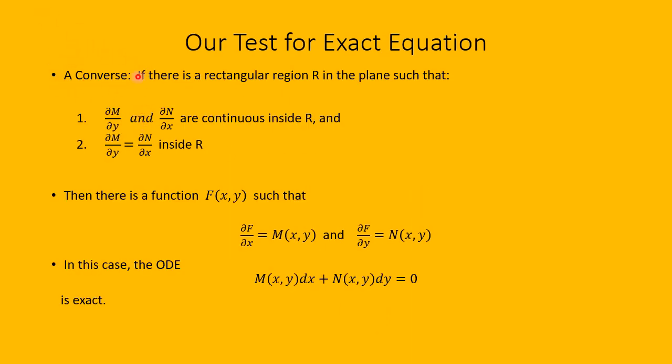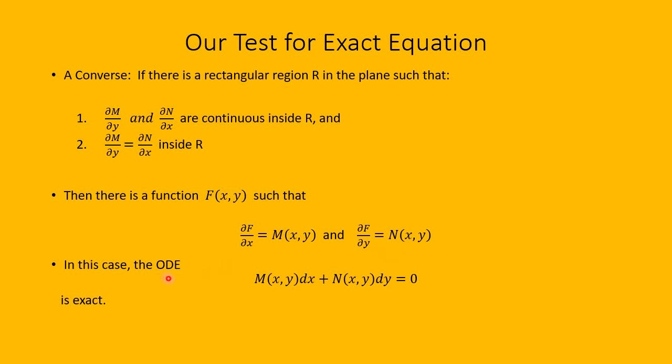There is a converse to the result that we just talked about. If there's a rectangular region R in the plane such that the partial of M with respect to y and the partial derivative of N with respect to x are continuous inside R, and if those two are equal inside R, then there is a function capital F of x, y such that the partial derivative of F with respect to x equals M of x, y, and the partial of F with respect to y equals N of x, y.